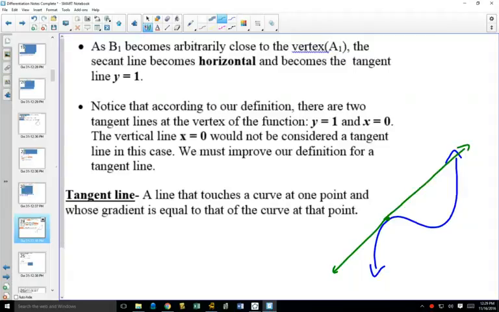But do you see that later on, it doesn't matter that it goes through that point again. So basically what we're looking at is the tangent line is the line that you get as your secants get closer and closer to joining up. That will be what your tangent line will be.